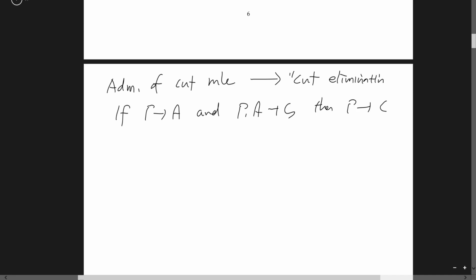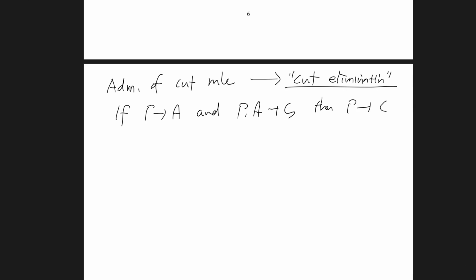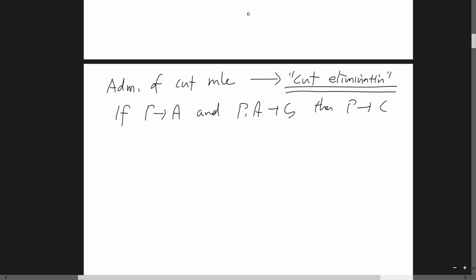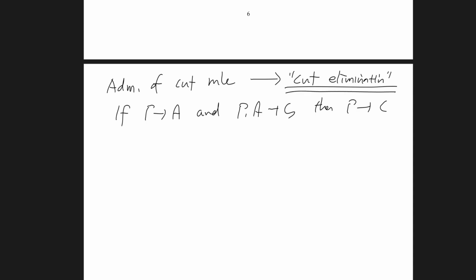Perhaps cut elimination is the most important theorem you will find in the study of proof theory. It's one of the central theorems in the study of logic. In every formulation of a logic system in proof theory, you will see cut elimination, because without cut elimination, the system is basically not sound.